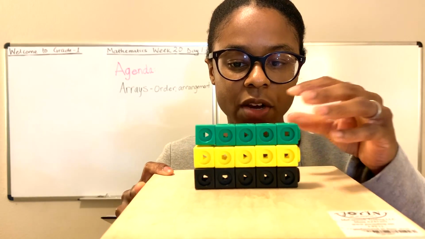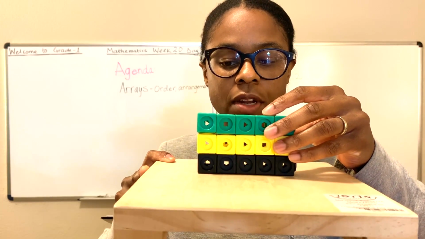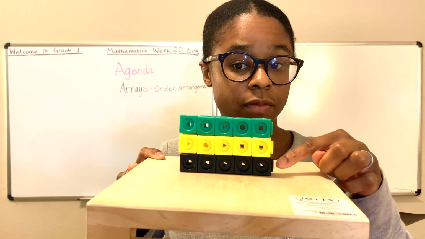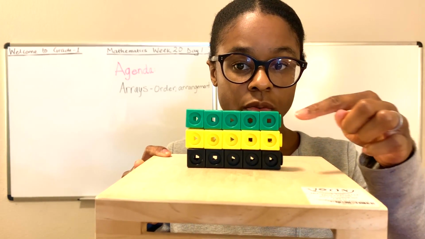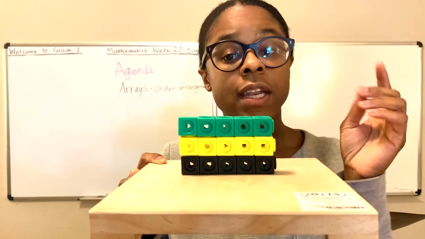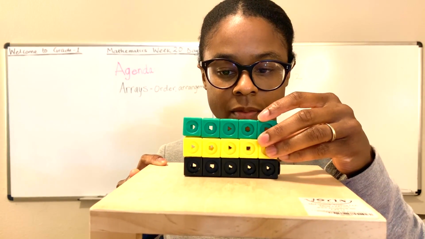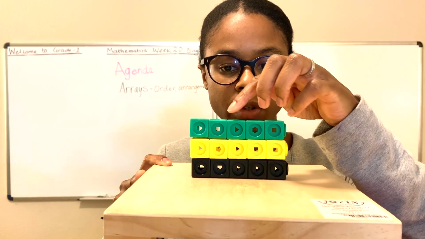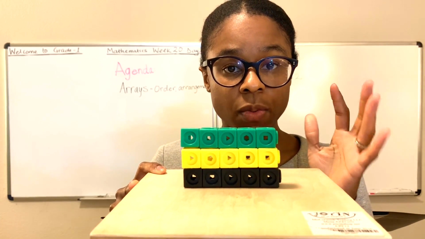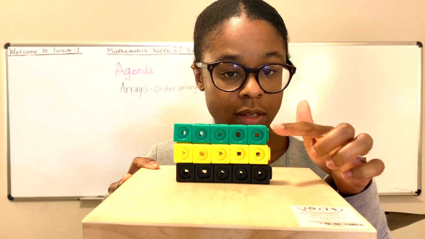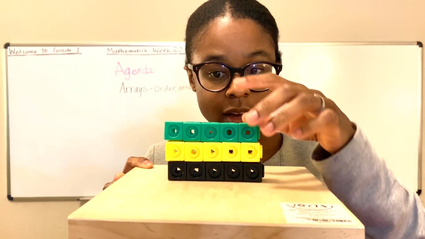Okay, here we have, how many groups do we have here? We have the black group, that's 1, 2, the green group, that's 3 groups. Now, how many cubes are in each group? Well, let's count them. 1, 2, 3, 4, 5. So what we would say this is 3 times 5.